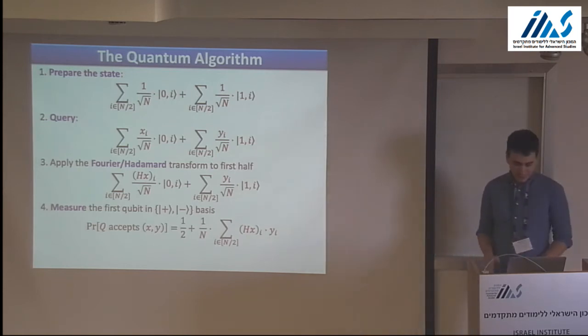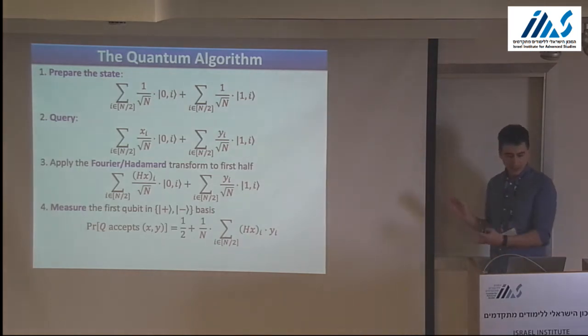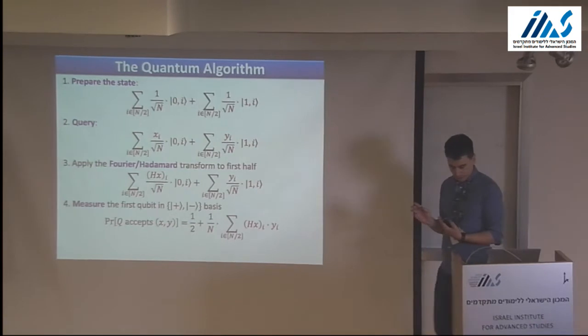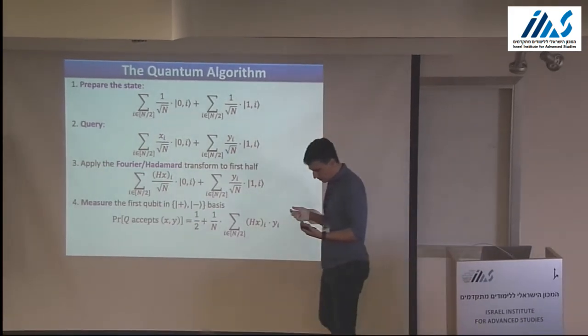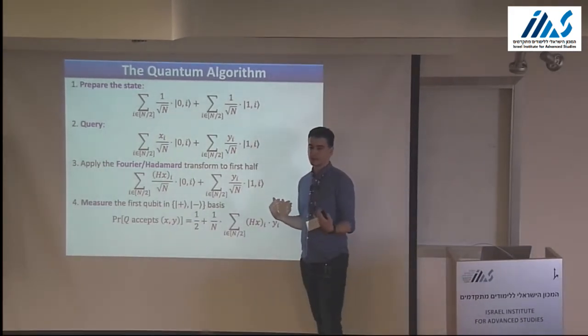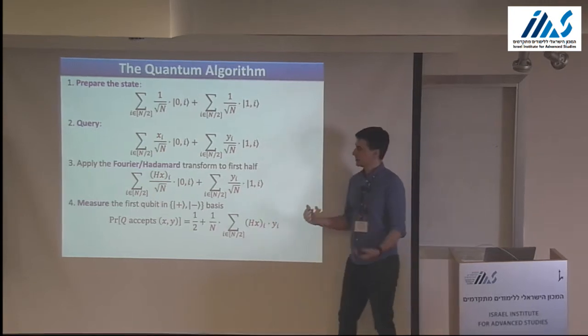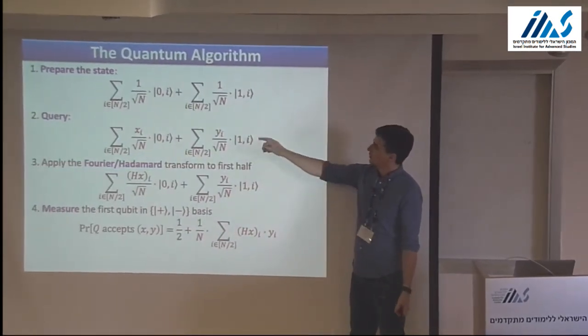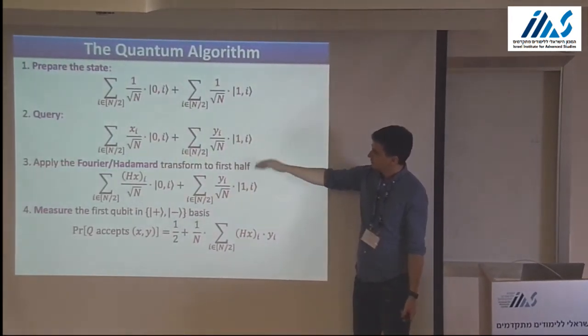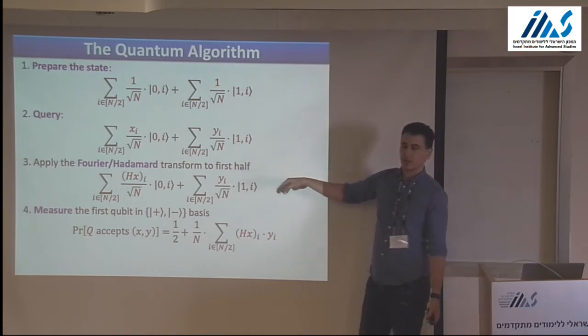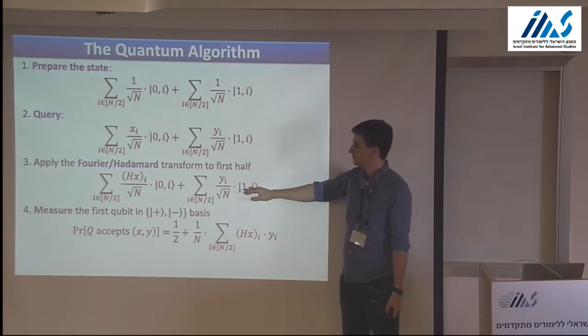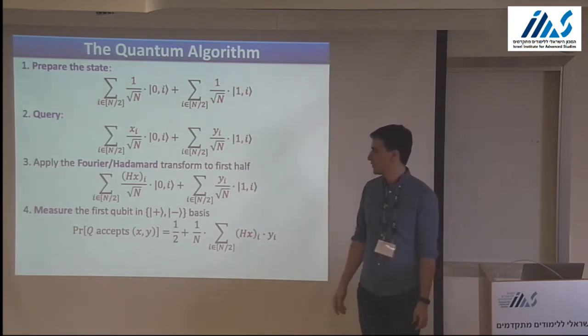Okay, so this is maybe a little bit technical, but the key idea here is that quantum algorithms are able to perform the Hadamard transform very efficiently. So this entire algorithm makes only one query and applies log capital N many gates. To apply this Hadamard, you need only apply log capital N many gates.